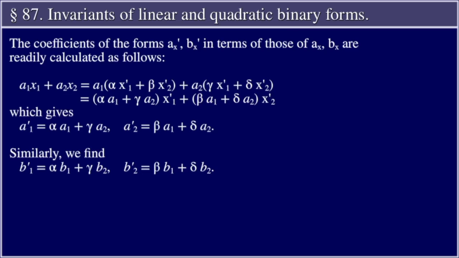Similarly, we find b1 prime equal to alpha b1 plus gamma b2, b2 prime equal beta b1 plus delta b2.